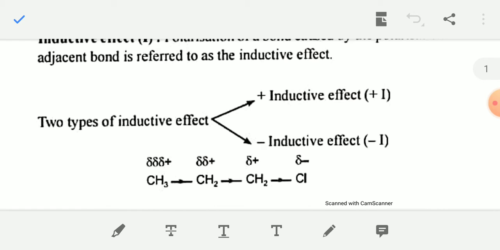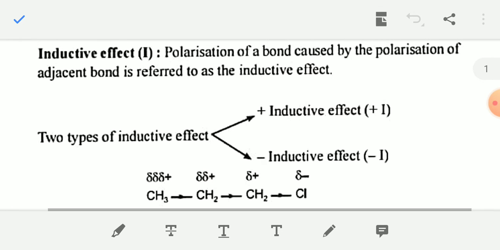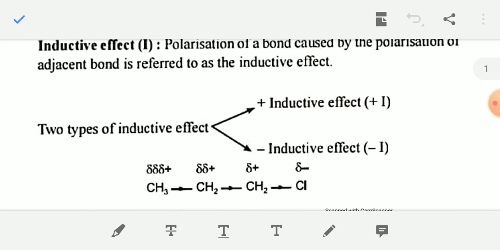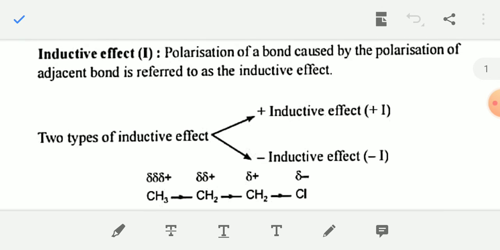So Cl develops some negative charge, and carbon develops positive charge, because Cl is more electronegative than carbon. So the inductive effect is caused by the difference in electronegativity of the bonded atoms.